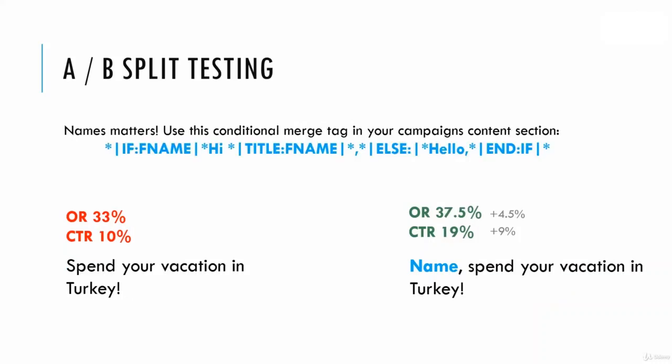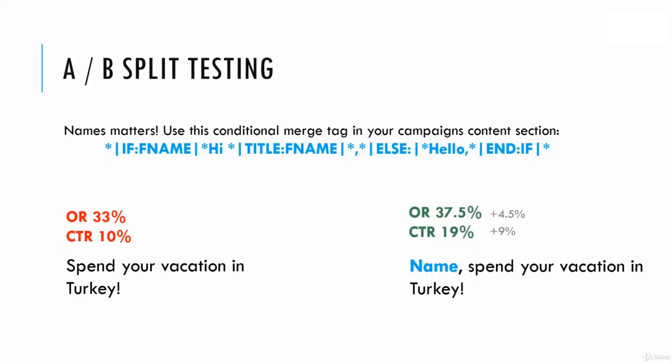In this next example, for this A/B split test campaign, the stats show that addressing your subscribers by their first name in the first line of your email will not only increase open rates, but also increase your click-through rates. So this is a conditional merge tag.